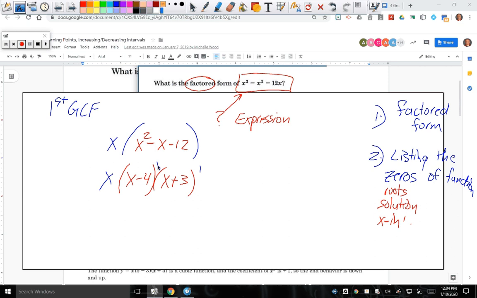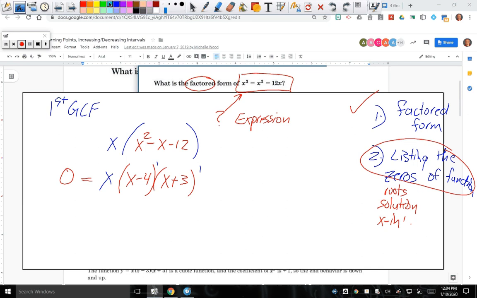Now I'm going to add to the question, okay? I'm changing it. We have the factored form, but if I asked you to list the zeros of the function, what am I going to do with this factored expression? Set it equal to 0. Guys, these are small things that I want you to notice as I show you now, rather than when you go to do the homework.